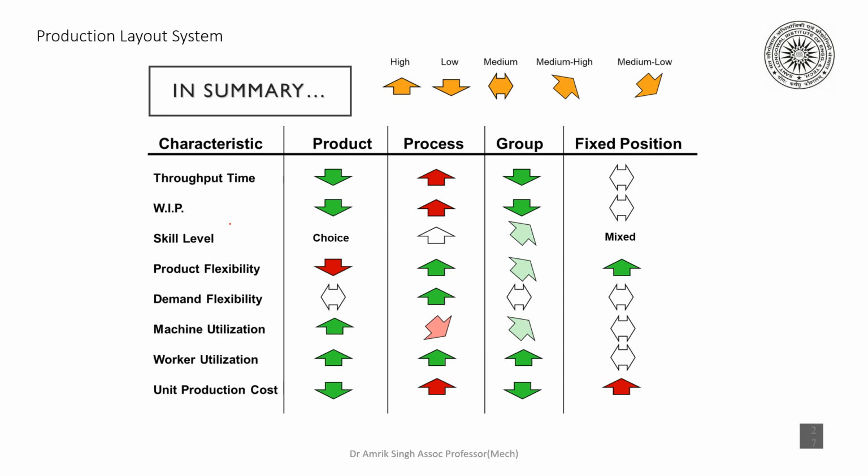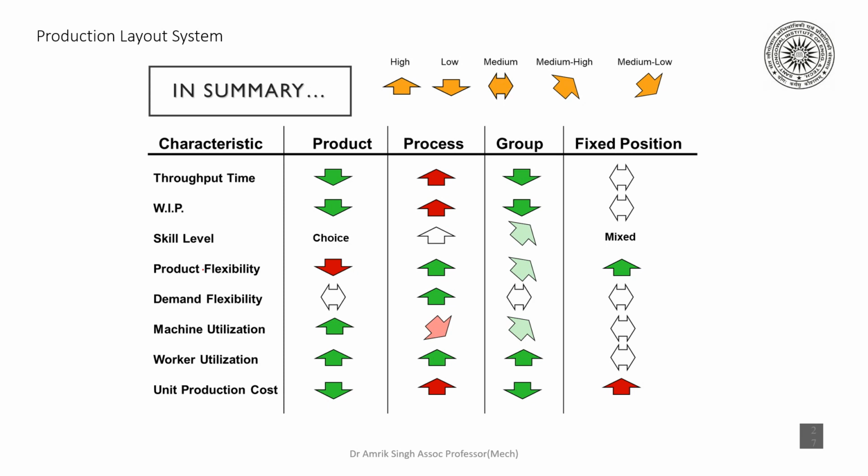Now WIP, that is work in process, is low in product layout. In process type of layout it is high. In group it is low, and again here it is medium. The skill level which is required depends upon the choice of the product. It is high in the case of process. It is medium to high in the case of group, and it is mixed.